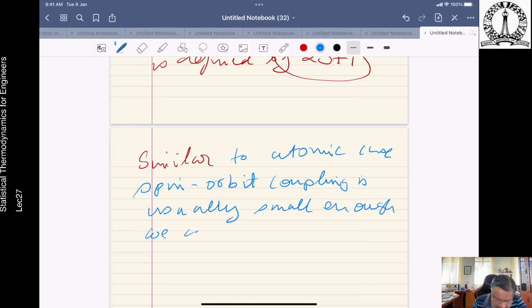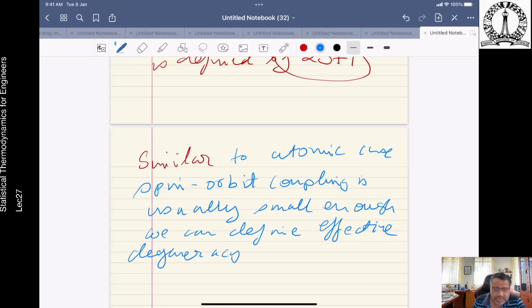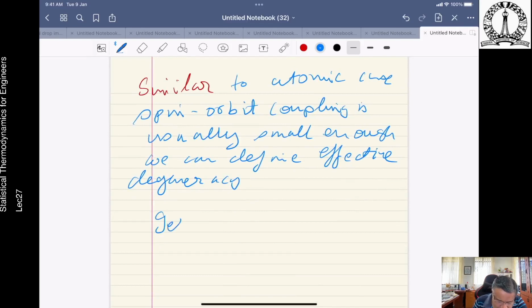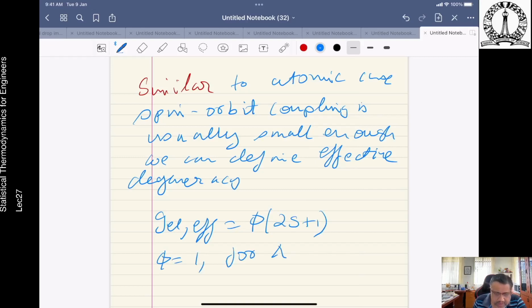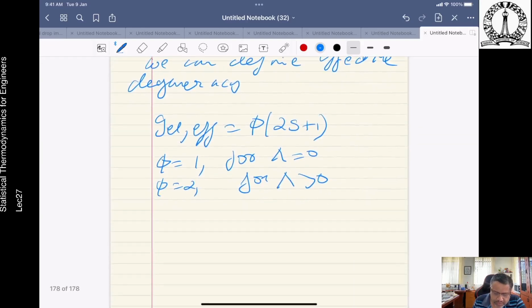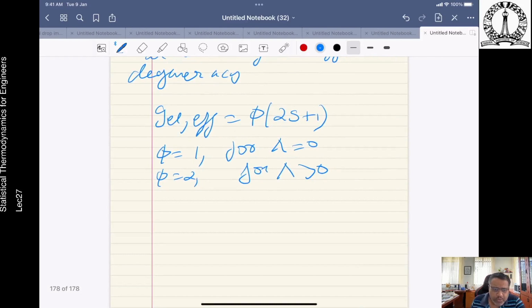So we can define, very similarly, an effective degeneracy, which is given as g_el effective equals phi into 2S plus 1, where phi is equal to 1 for gamma equal to 0 and phi equal to 2 for gamma greater than 0. This basically accounts for the two possible vector directions along the internuclear axis.